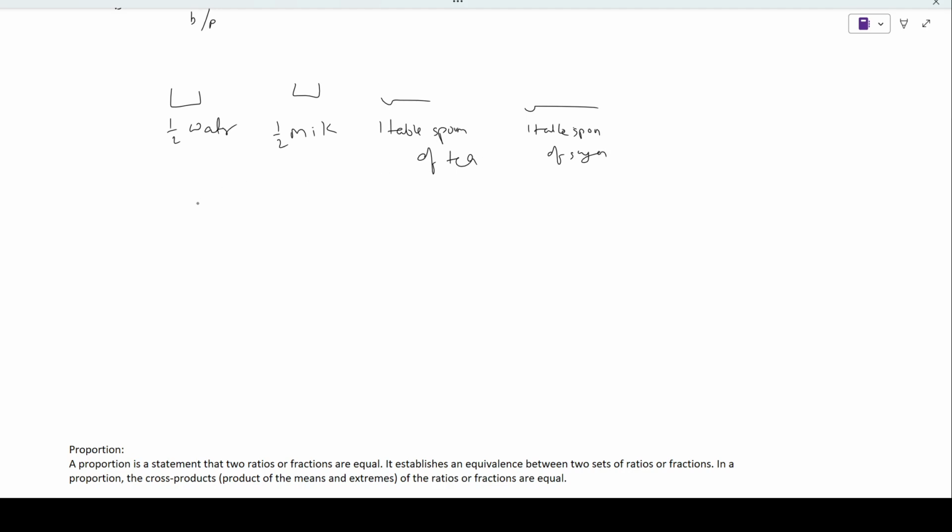So here we can see the ratio is half for water, half for milk, and one tablespoon of tea and one tablespoon of sugar.